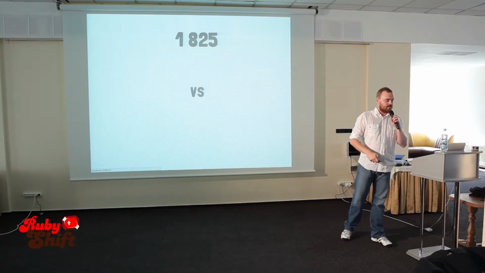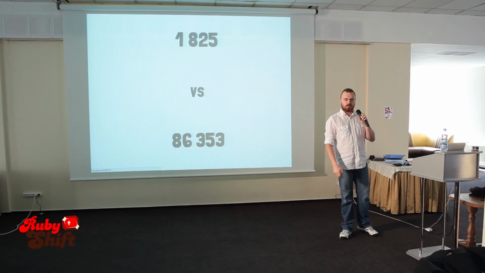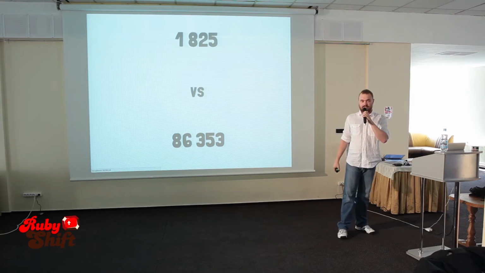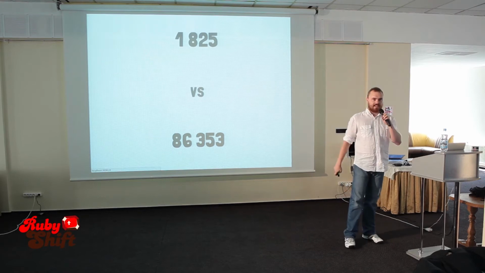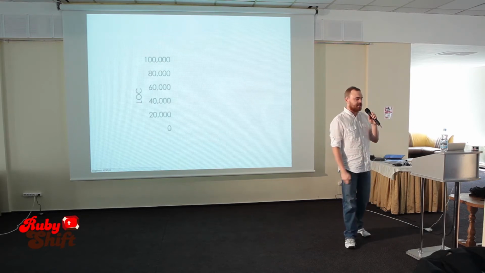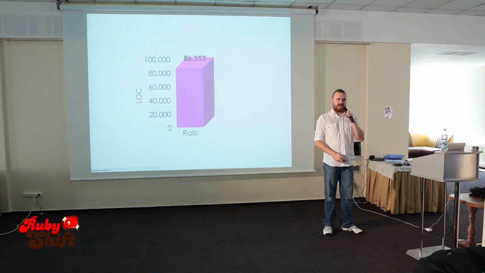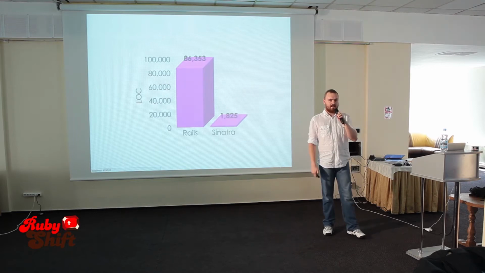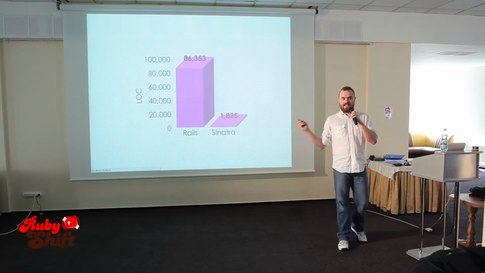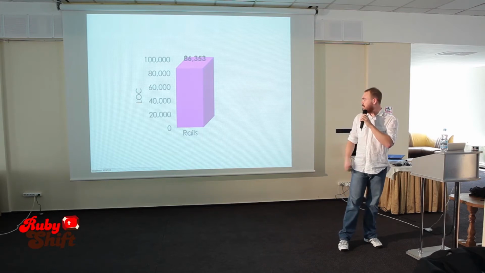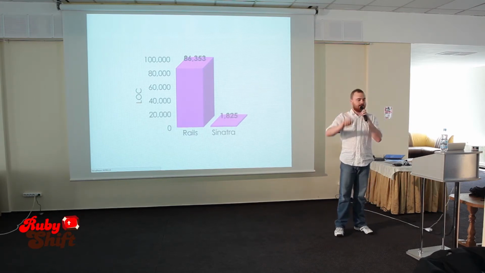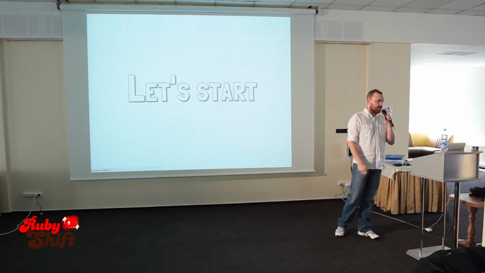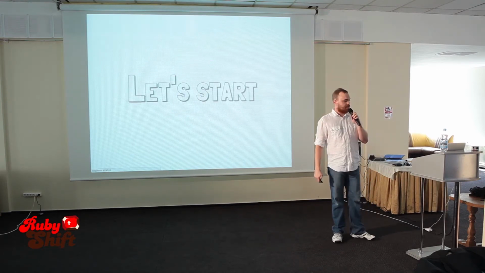For comparison, Rails has almost 100,000 lines of code. It's very hard to count it, but it's something like this. So if you put it into a chart, this is Rails, this is Sinatra, and they both do the same. This is Sinatra. Tiny.